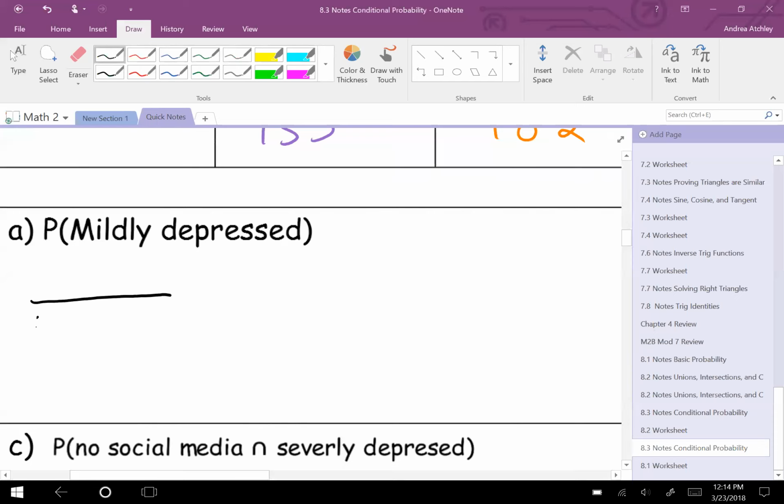Okay, so we're going to have total of totals on the bottom. And we want to find the probability of mildly depressed. It's everybody who's mildly depressed, so the total of mildly depressed.